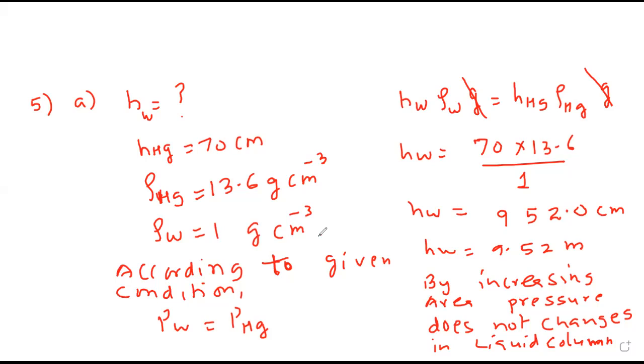If area becomes wider, they have asked, will there be a change in the cross section of the water column? Will the height of the water column change? If it is made wider, then we require more height. Area is made wider. Okay.